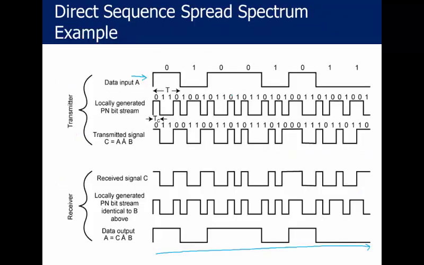So if it is 0, and then a pseudo-random number bit stream, let's say this is a signal. Data and signal. Then how can we transmit the data? By combining these.